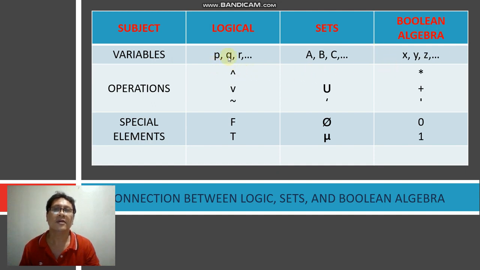These are the variables we use: P, Q, R, A, B, C, X, Y, Z. In the operations, you see the symbols of conjunction, disjunction, and negation. Other symbols in boolean are like the operations of multiplication and addition. In special elements, we have F and T representing false and true, and others use bits, the values 0 and 1.